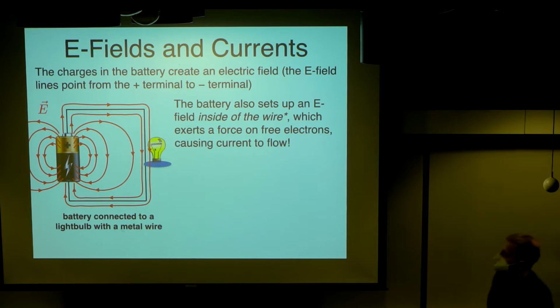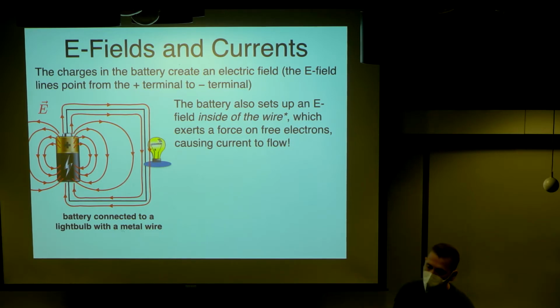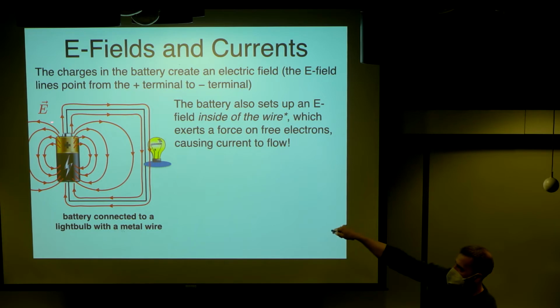So this battery, which has its own E field, when you connect it along a path to some device, is going to set up an E field within those wires that connect it to that device. The details of how this works, by the way, are super complicated, kind of beyond the scope of the class, but I put a little lecture supplement in the lectures folder on Canvas where I try to explain how these E fields do get set up in this way.